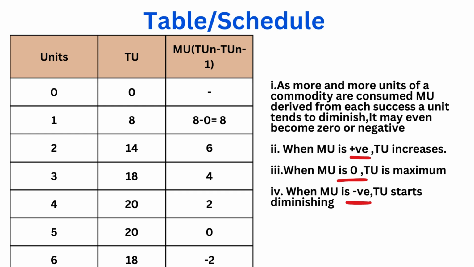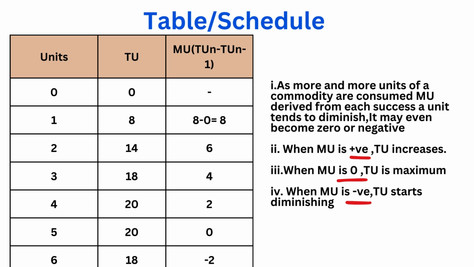Number one point is, as more and more units of the commodity are consumed, MU derived from each successive unit tends to diminish. It may even become 0 or negative. As you can see, the MU for the first unit is 8.